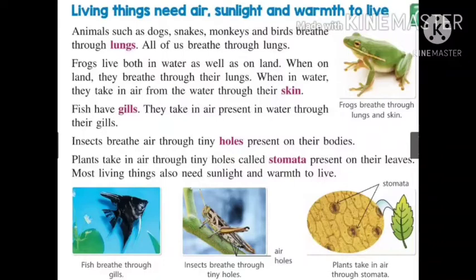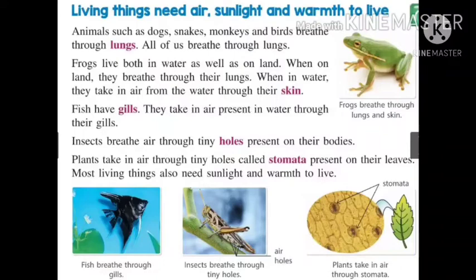Most living things also need sunlight and warmth to live. So we can see all the living things need air to breathe, but they have different organs to breathe. Most animals have lungs. Fish have gills. Insects have tiny holes on their bodies to breathe.